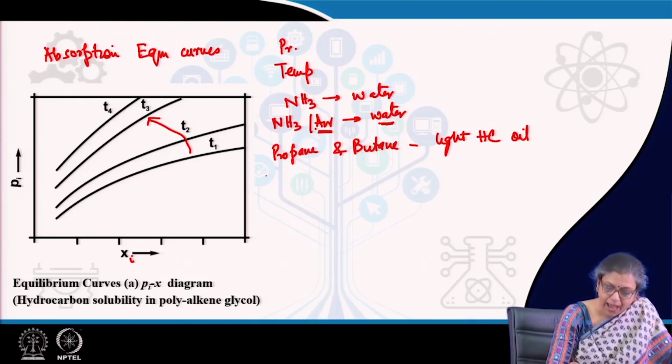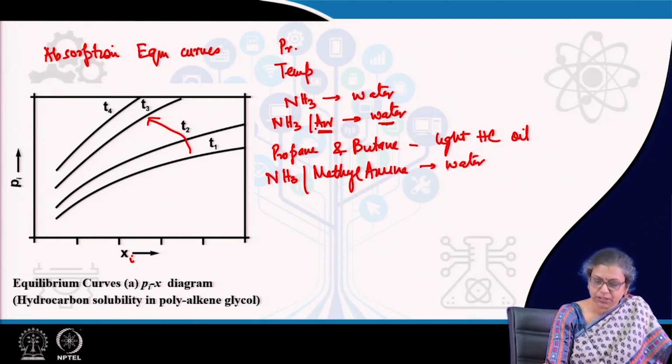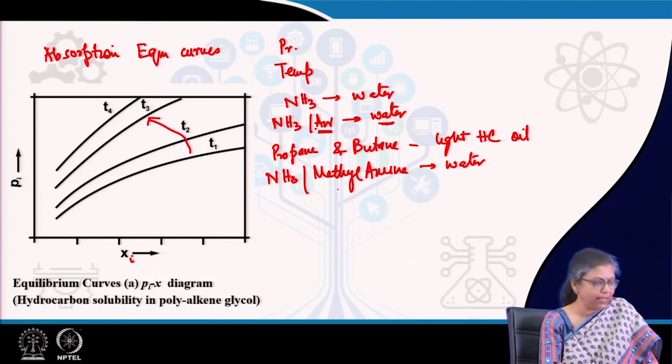But suppose we have a mixture of ammonia and say methylamine, and I am absorbing it in water. In this particular case, the equilibrium curve generated for ammonia or ammonia-air is not going to be applicable for absorption of ammonia in water in presence of methylamine.